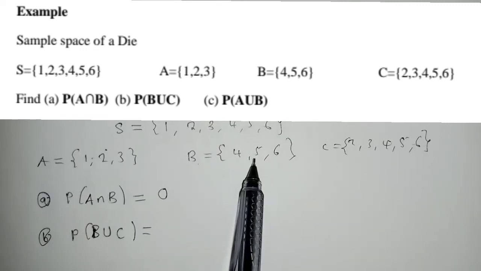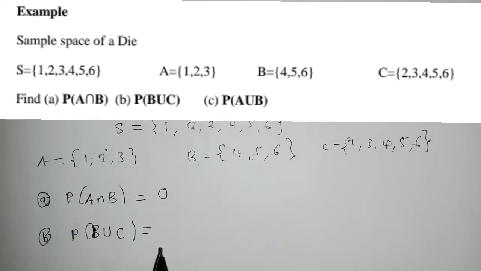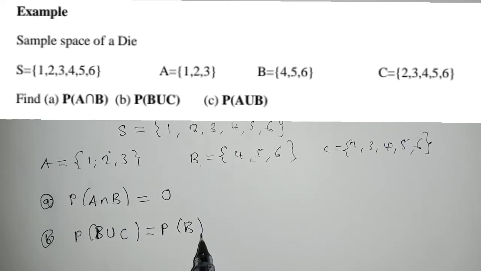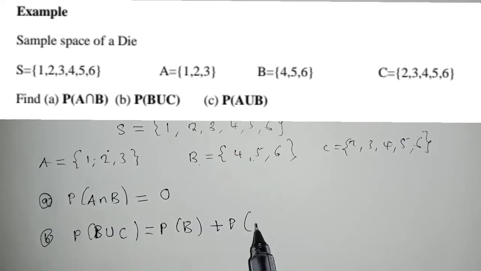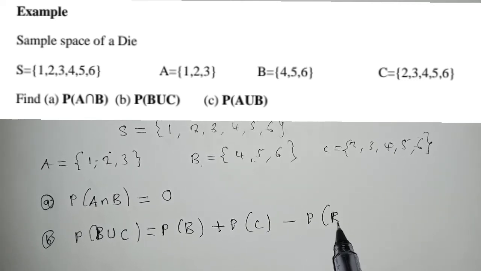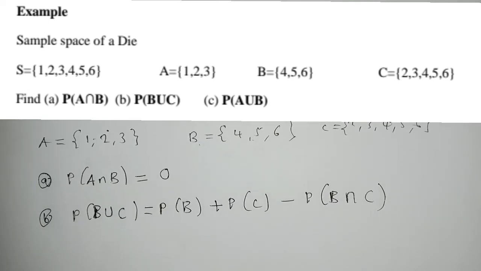Do you have anything common? Yes, 5 and 6, they are common here. So these two are not mutually exclusive. So for not mutually exclusive, we use the formula over here. This is the formula we use for not mutually exclusive.